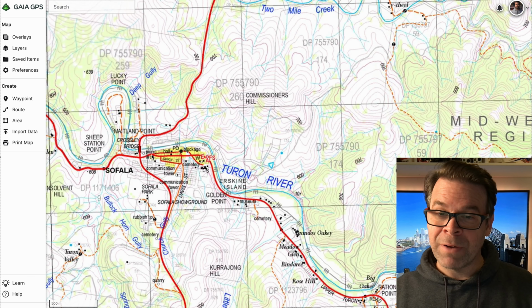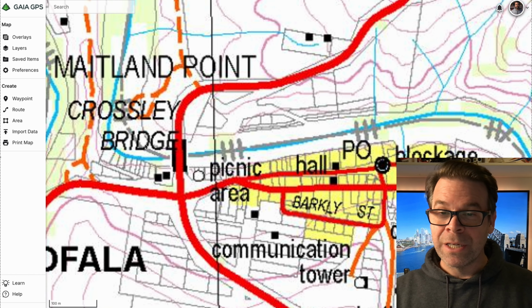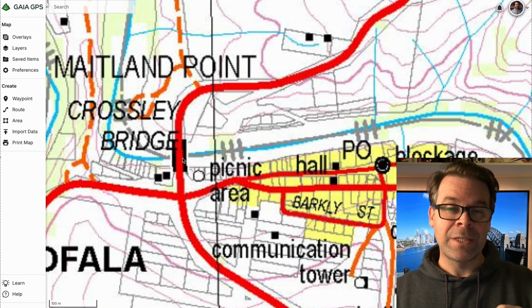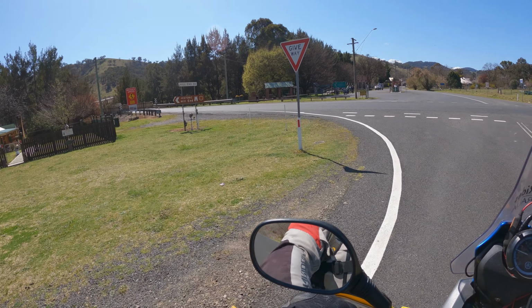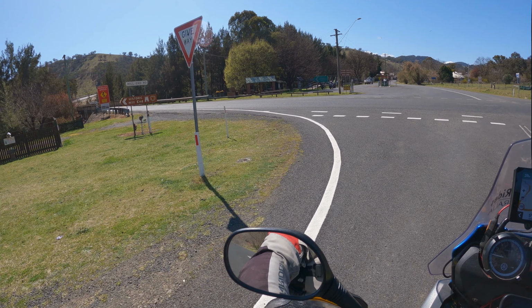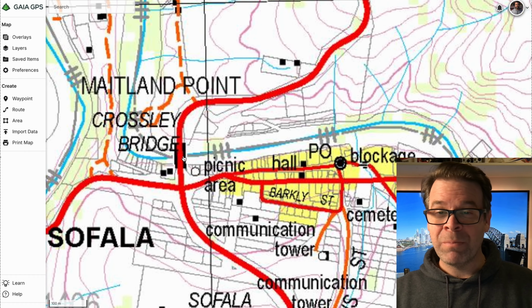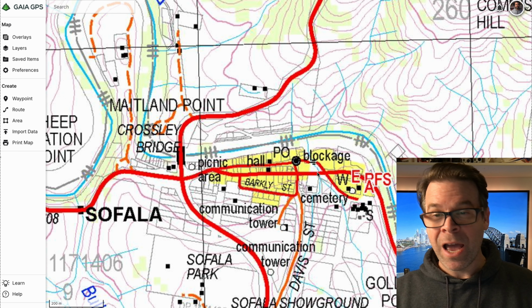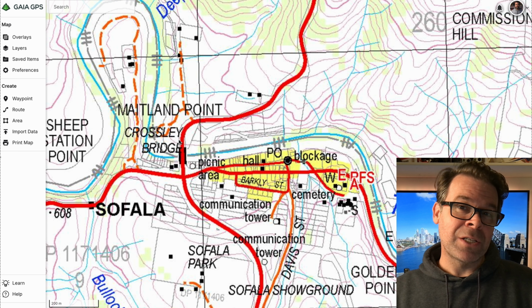Then if we go up to Safala itself and zoom in here, we can see this says Crossley Bridge. So it's the exact same symbol as the other one. However, this is a very high bridge and is absolutely passable regardless of the amount of water in the river. How do we know the difference, though, between that and the other one? Probably the only giveaway here is that, A, it's right next to a town, and it's a fairly main road. The other one is that it's got a name.